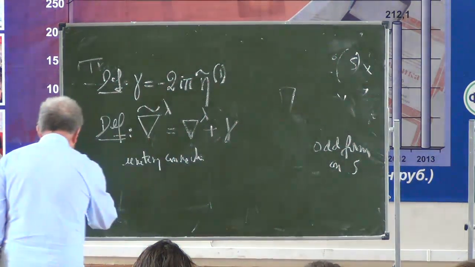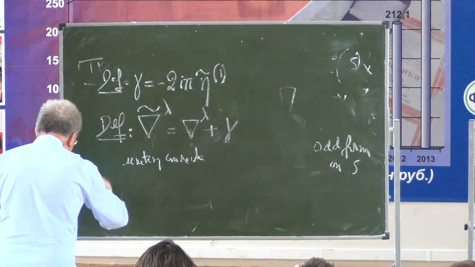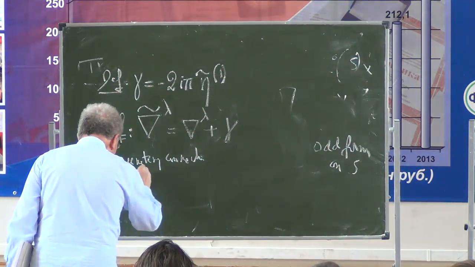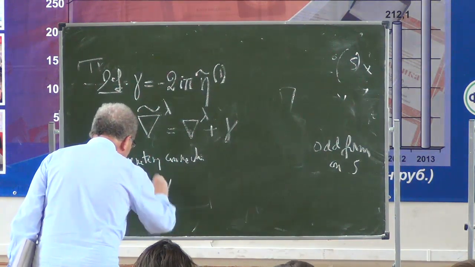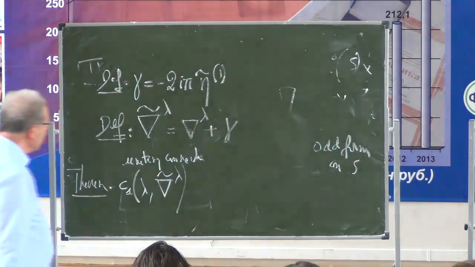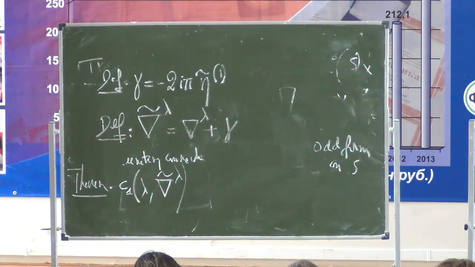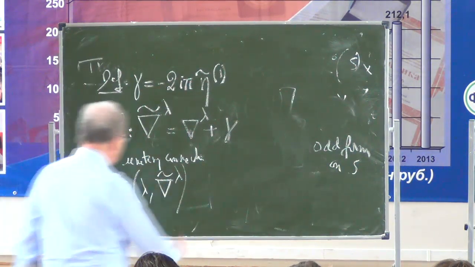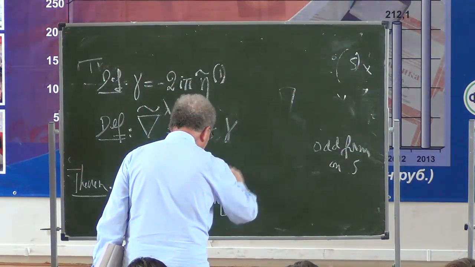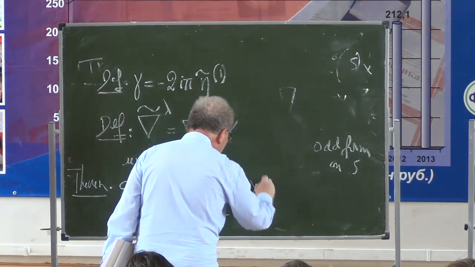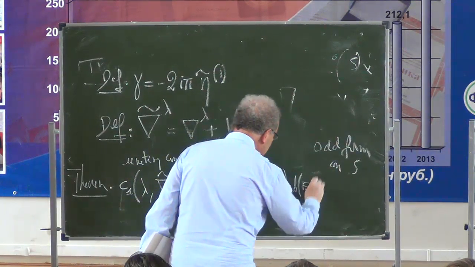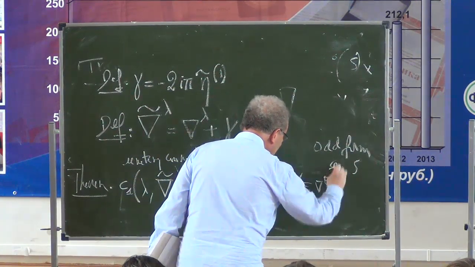And now I'm going to state the theorem. The C1 of lambda equipped with this new connection nabla tilde lambda is equal to the integral along the fiber of Tx nabla Tx Ch of E nabla E in degree 2.